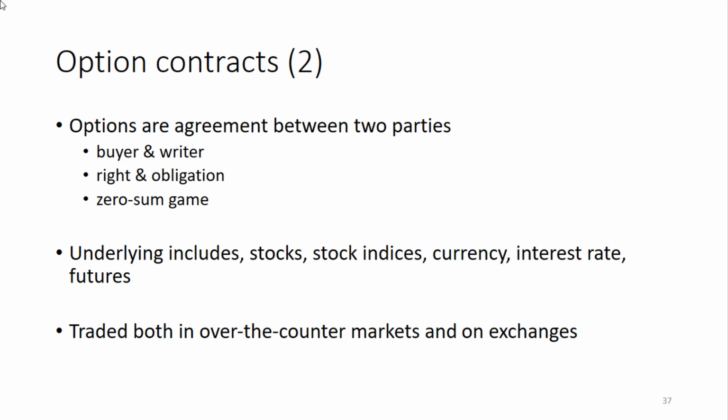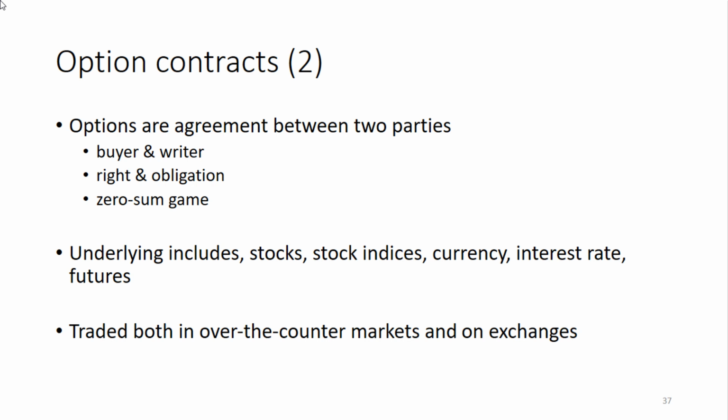So if I buy the option, then it means that I have a right, but not an obligation. If I take the short position, then I have an obligation when I enter into this contract. It's also a zero-sum game, so what one party earns, the other party loses.